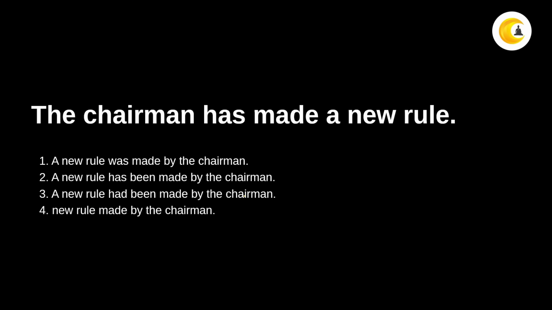Okay. So it says chairman has made a new rule, right? Who's the subject? Chairman, definitely. Now, chairman is at the start of the sentence. What does this imply? It implies that the whole statement is given in active form and you have to convert that into passive, right? Since you have to convert it into passive, what is the rule for passive?